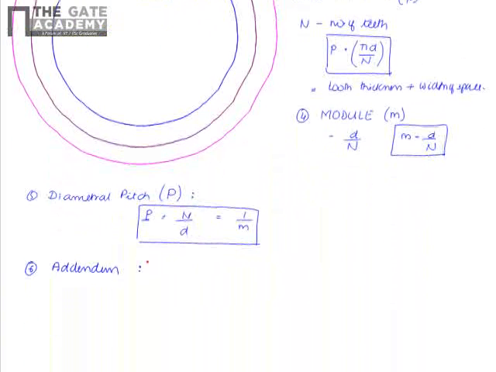So addendum, denoted as letter A, is a radial distance between the top land and the pitch circle.